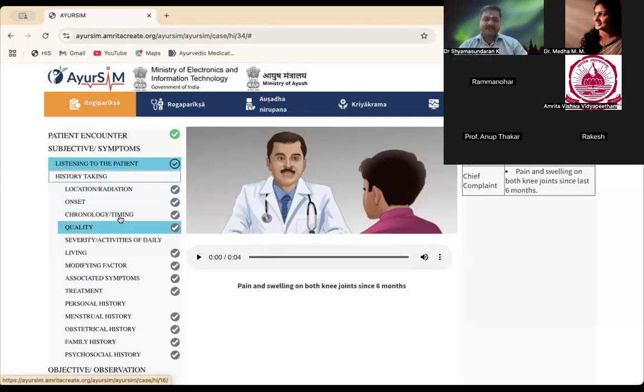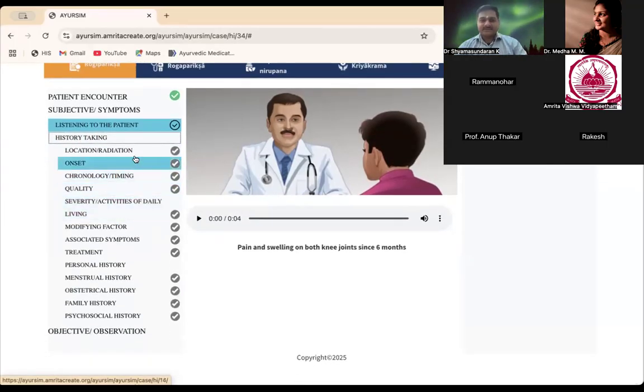Then right from there you start the history taking. And you know how tedious, how many aspects you need to consider in a history taking, right? You students from second year onwards know how tedious history taking can be. That is why all the aspects of history taking have been enlisted here, as any textbook of examination or diagnosis would have.